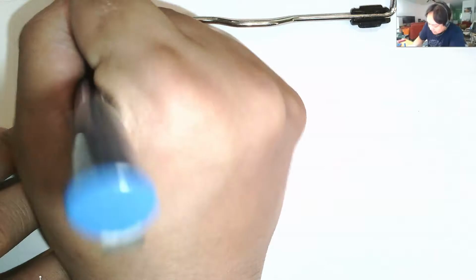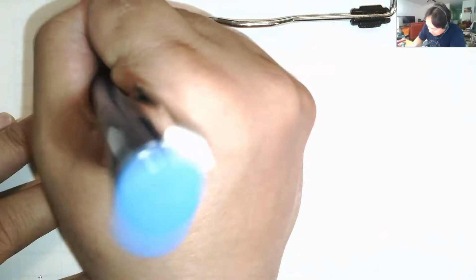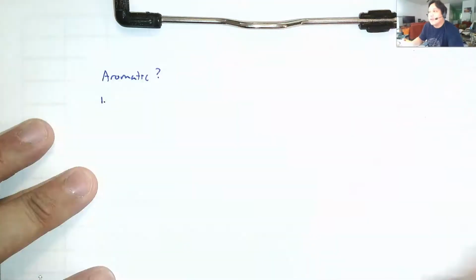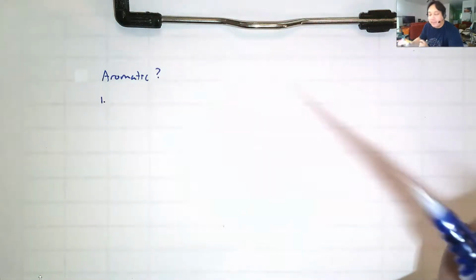Okay, so the first rule for aromaticity. The first rule is 1. All atoms that make up the ring have to be sp2. Now, atoms that are coming off of the ring don't have to be sp2.